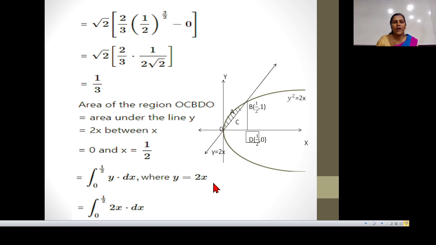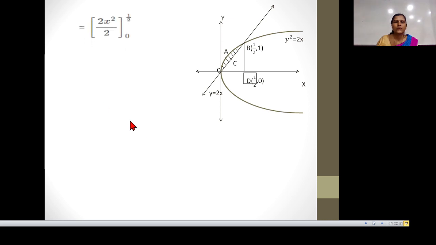Replace y with 2x. We get the integral from 0 to 1 by 2 of 2x dx. Taking 2 as it is, and the integral of x, that is x square by 2, apply the limits from 0 to 1 by 2. By putting the upper limit we get 1 by 4, minus the lower limit, which gives 0. So 1 by 4 is the answer for this area.